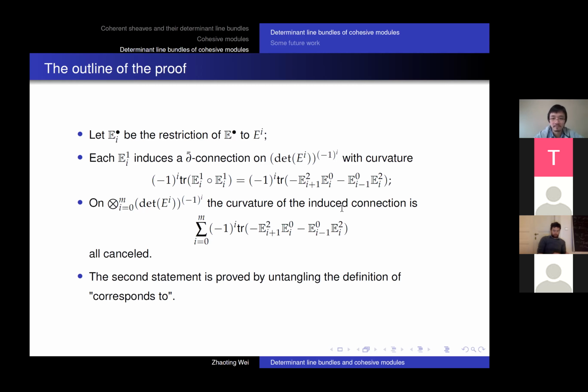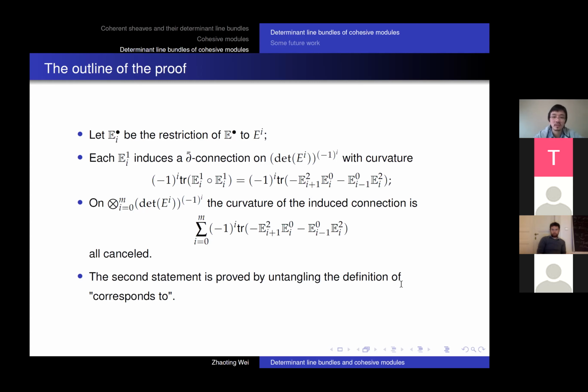Okay, so it seems that we are hitting a very small nail using a very big hammer. But I think at least this shows that the cohesive module framework makes sense and is quite promising.